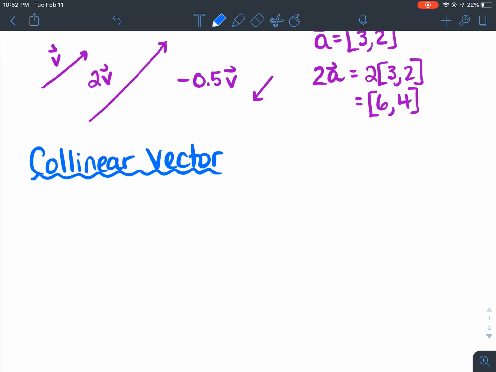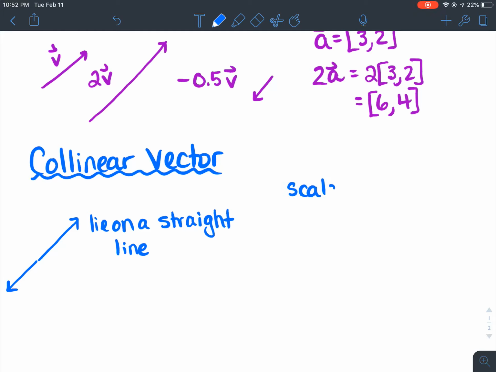They lie on a straight line when arranged tail to tail. They're scalar multiples of each other.